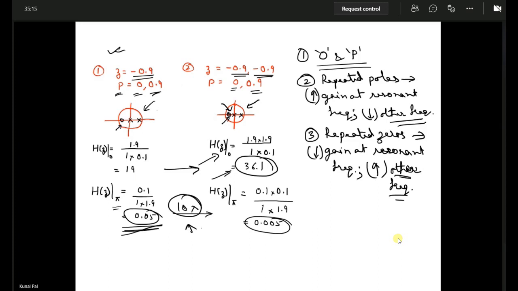Even if there is a minute change in the response, there will be some changes. It may be minute, it may be very drastic, depending upon the placement of the poles and the zeros. And also there may be cancelling out of the effect of the poles and the zeros.